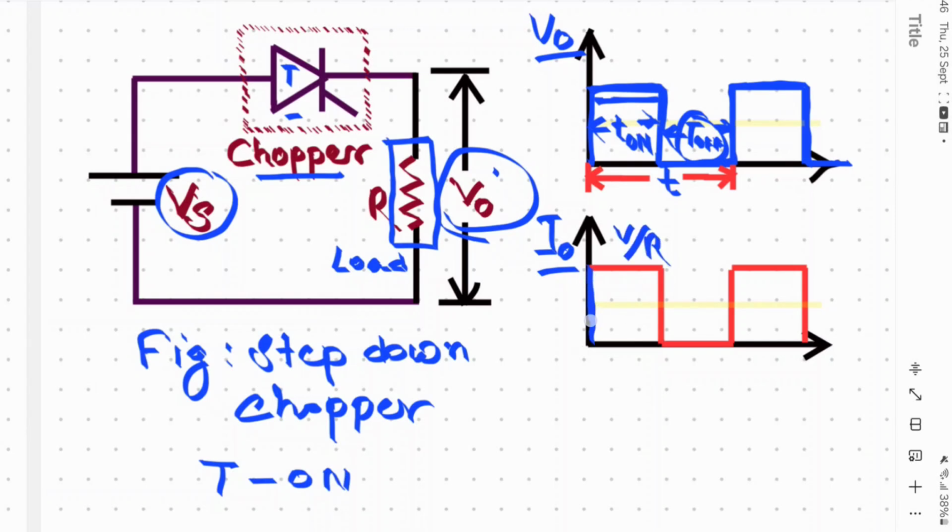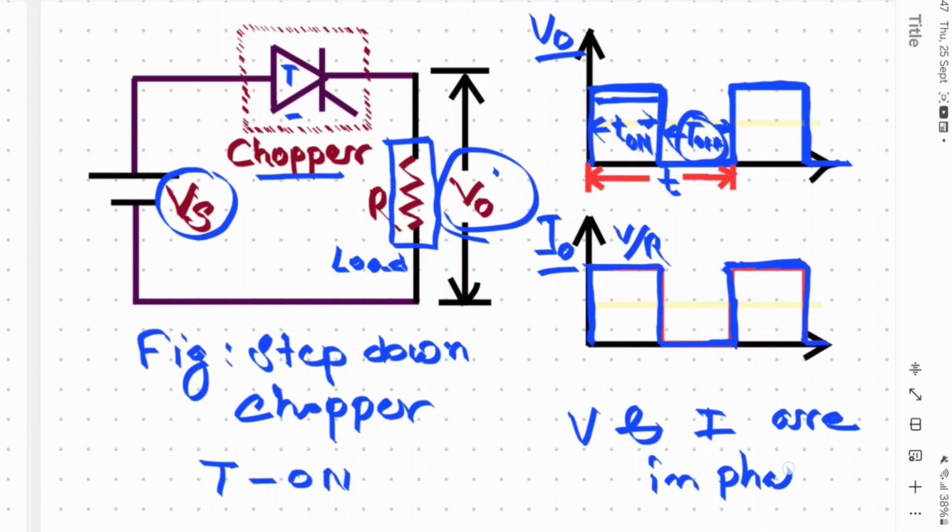When the thyristor is on, we get current through the load, and when it is off, the current is 0. Both waveforms are similar as it is a resistive load, so voltage and current are in phase.